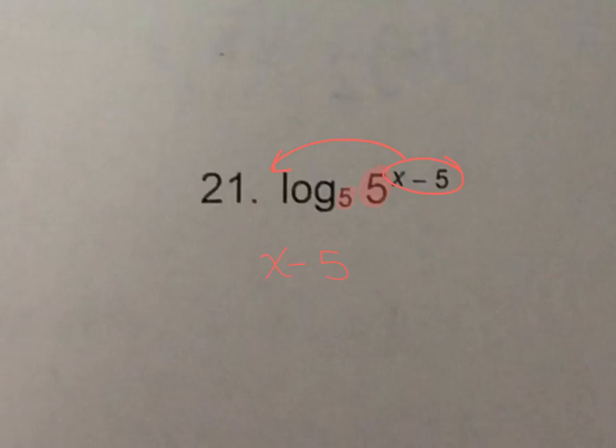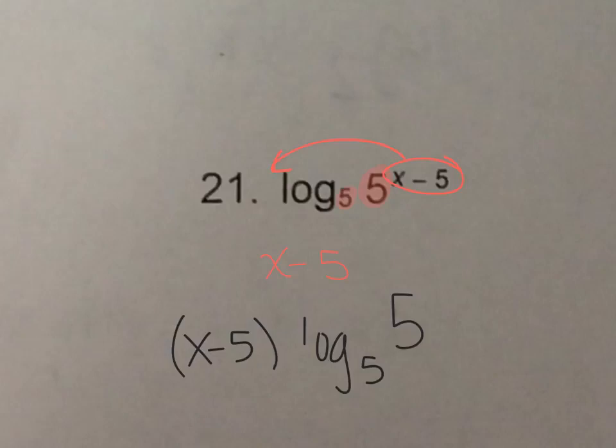Yes, and that's fine. Some of you need to do that because it makes more sense to see this as x minus 5 times the log base 5 of 5, and then think, oh, all this is going to cancel. It doesn't really cancel so much as it gives you 1, and anything times 1 is whatever you had before.